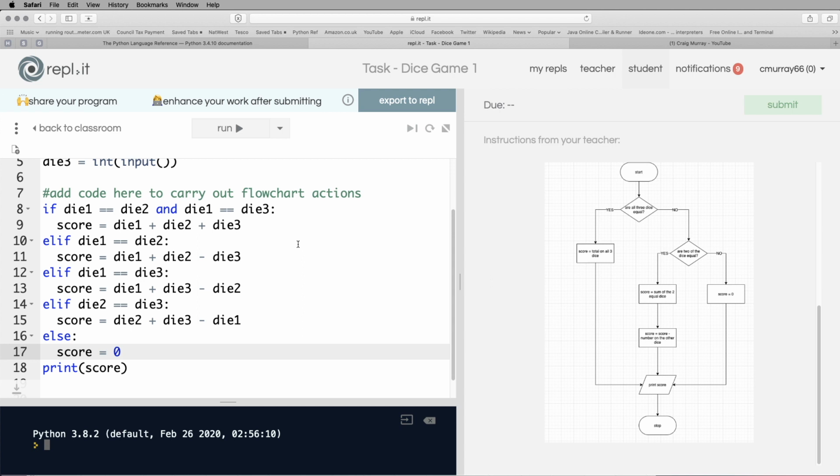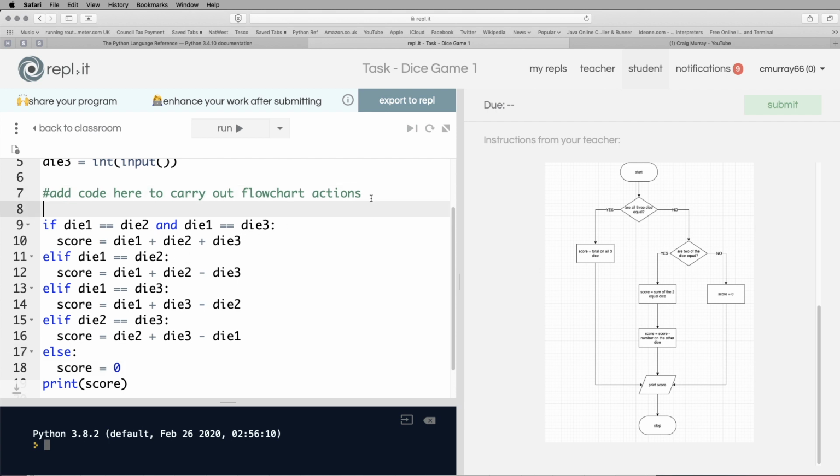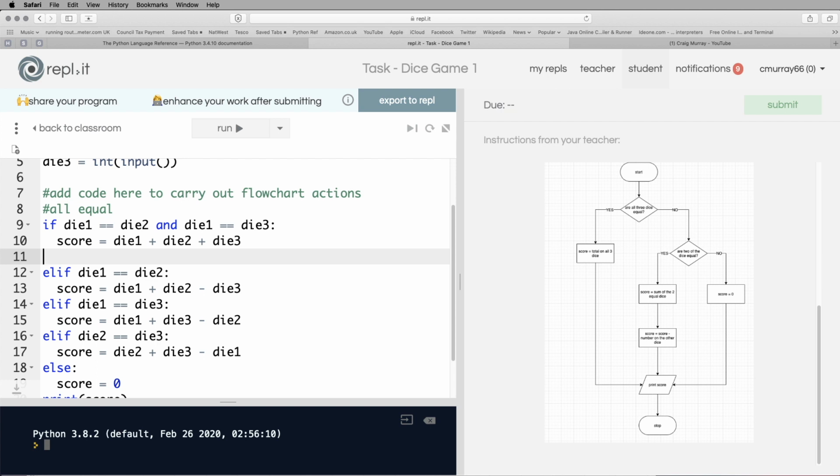For pseudocode, you can put comments in as well, and if they mention it in the exam paper, then you should definitely put comments in the pseudocode. So here, all equal, and then this section here is 2 equal.